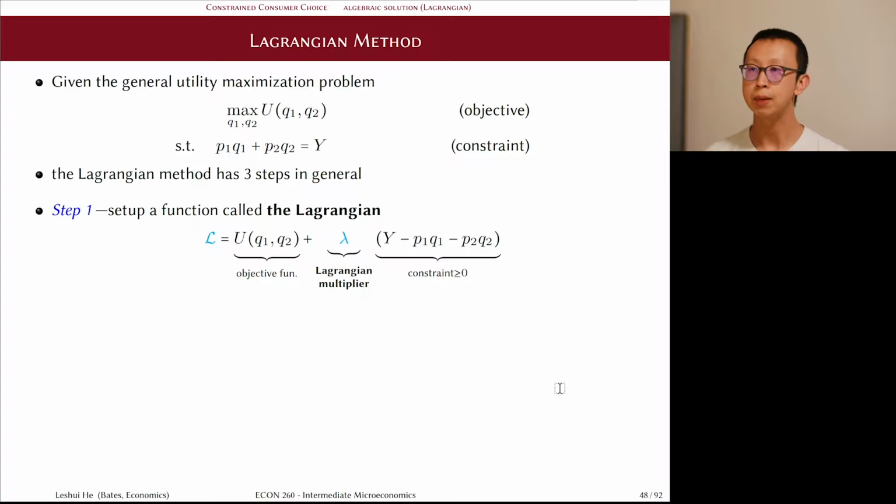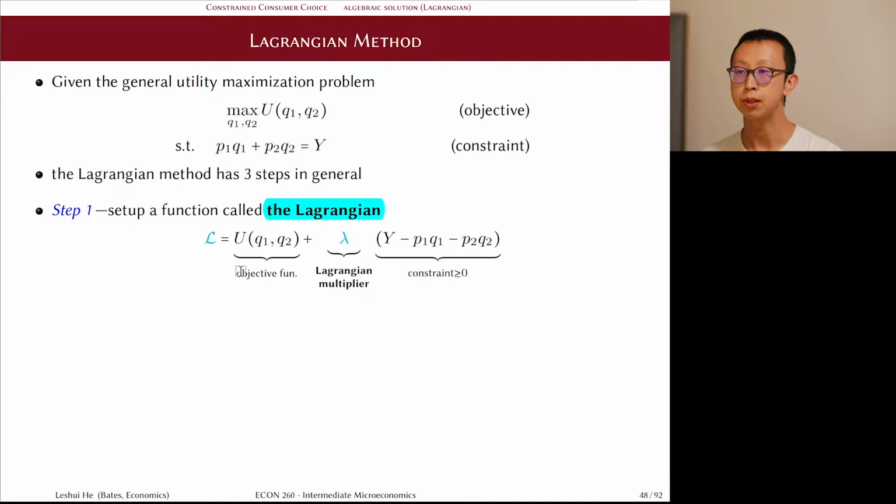Given a constraint maximization problem we've clearly specified here, the first step is to write down a function that combines the objective function and the constraint together. We'll call this function the Lagrangian, and we'll denote this function by the squiggly notation of L. The function is constructed by 3 different pieces.